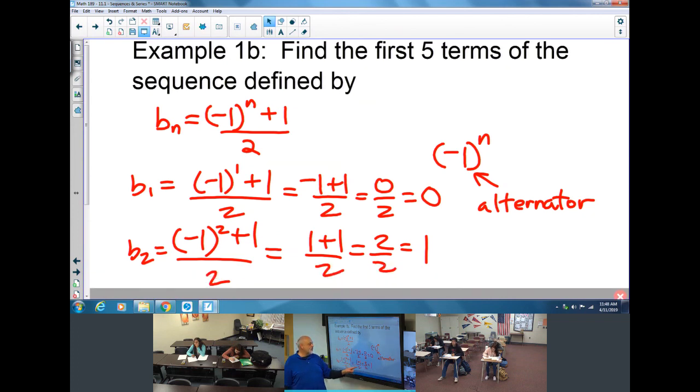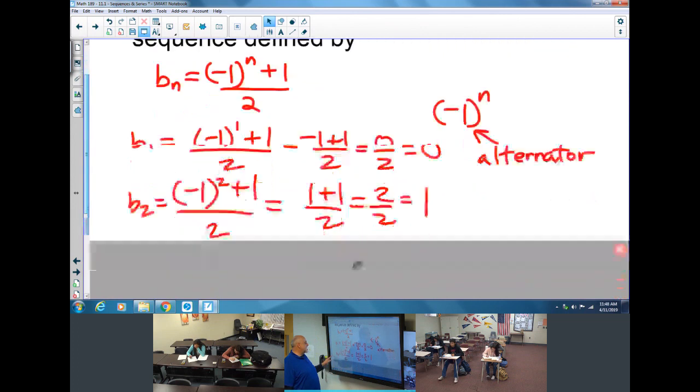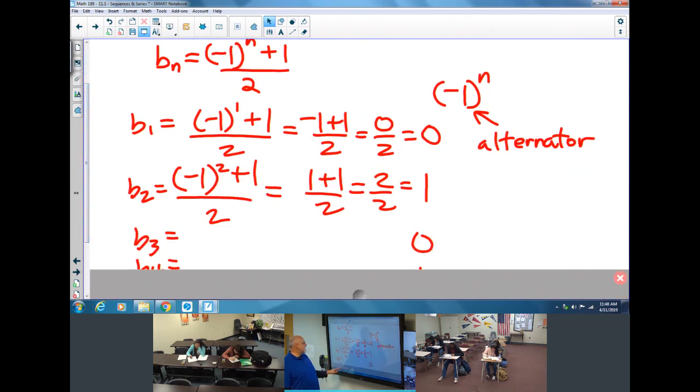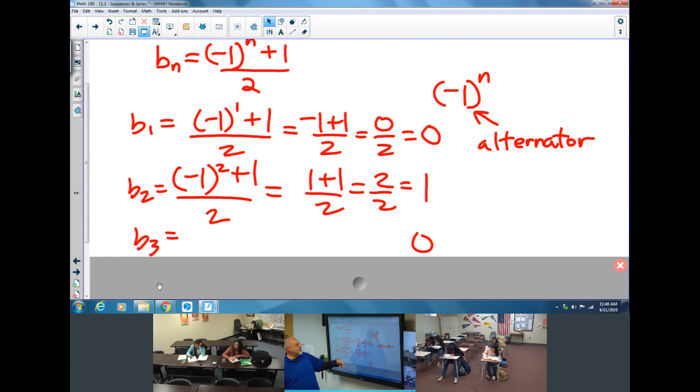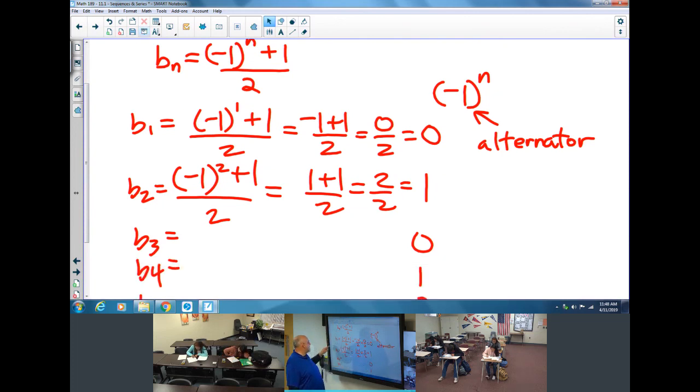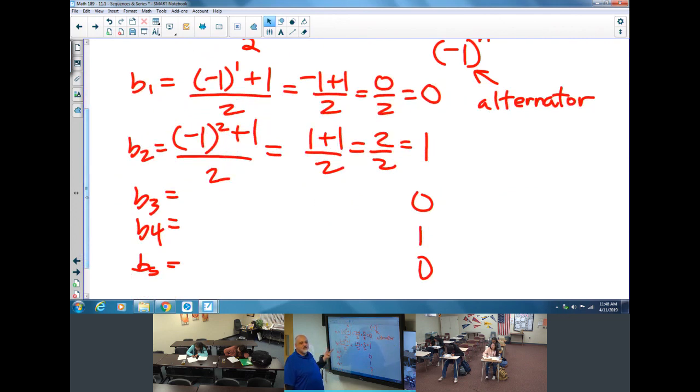So 1 plus 1 over 2, 2 over 2 is 1. Well, then I do b sub 3, and I think, well, it's going to alternate back to 0. And then 1, and then 0. So, again, just seeing the pattern. All right, so see if you can see the pattern there in practice 1B.